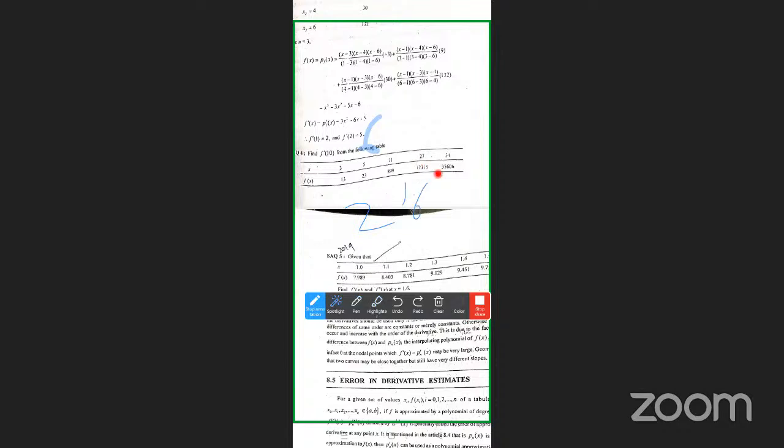Next, 7. So every interval length is different, so we can use only Lagrange's interpolation formula. In all previous questions, the length of the interval must be equal. In Lagrange's interpolation formula, the intervals are unequal. So this is Lagrange's interpolation formula.